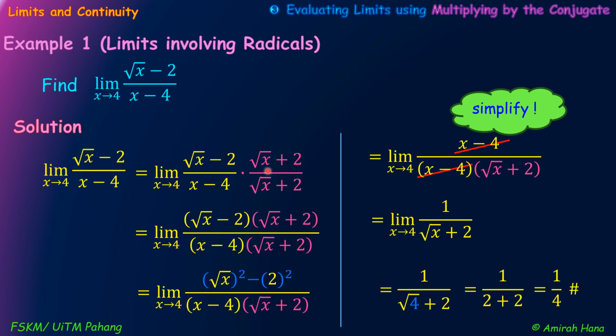So when we multiply by 1, it doesn't change the original value. After we simplify, we get this. Then we use direct substitution, and the final answer equals 1 over 4. Got it?